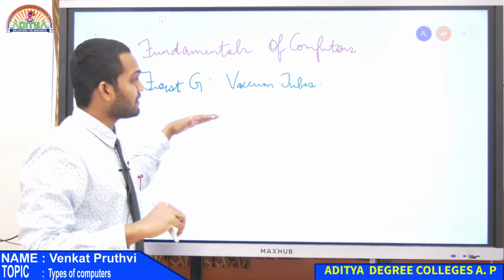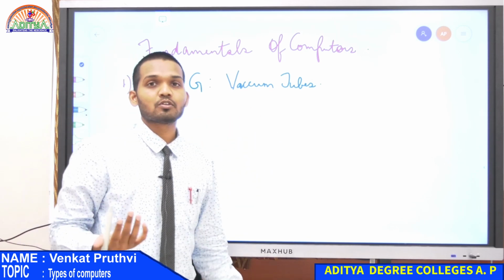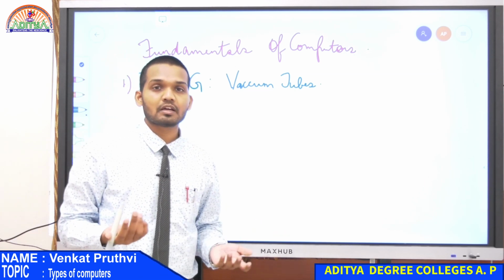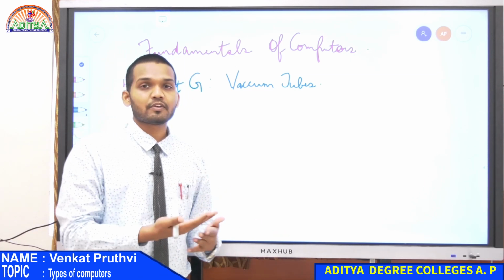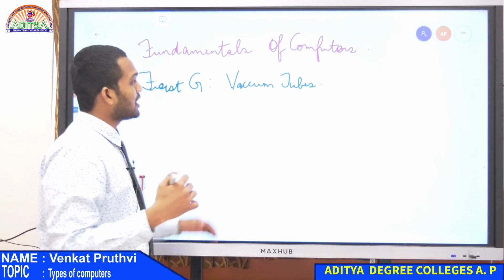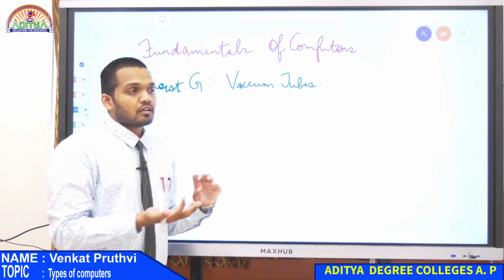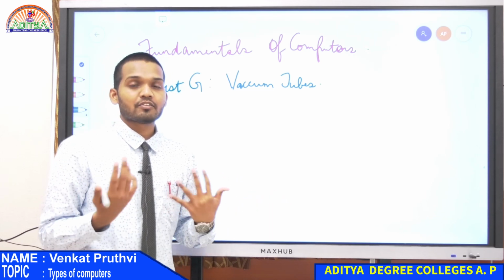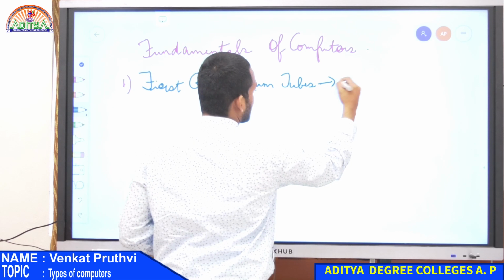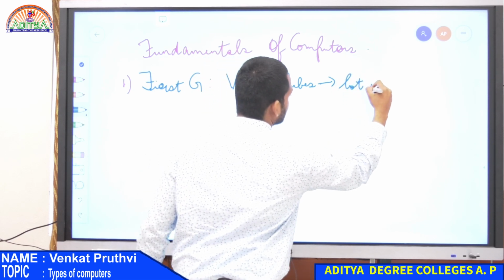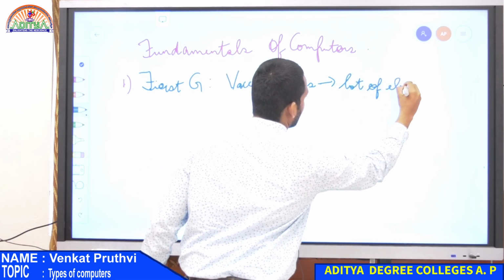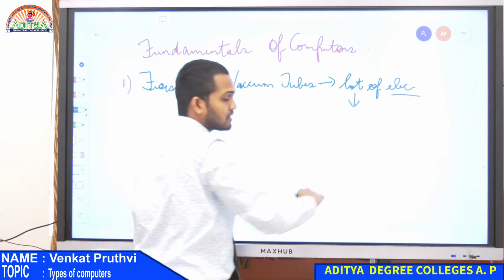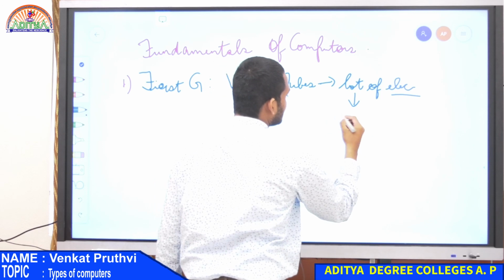But with the help of vacuum tubes, we were able to create circuits and computers that could perform multiple tasks at a much faster pace. But the problem with vacuum tubes was they were very large in size, they consumed a lot of electricity, and they generated a lot of heat.